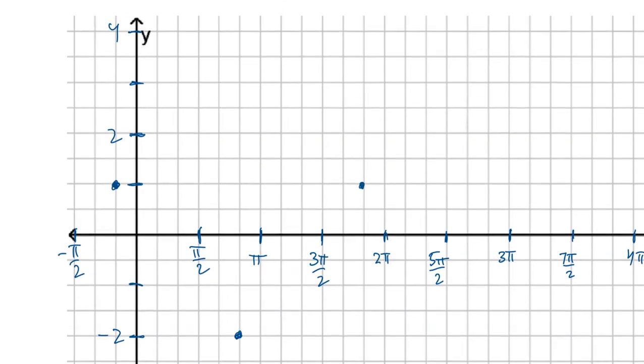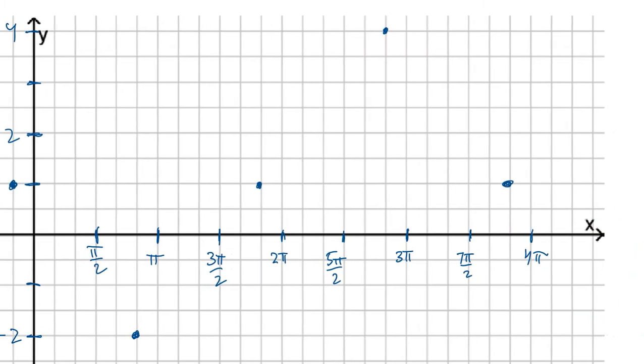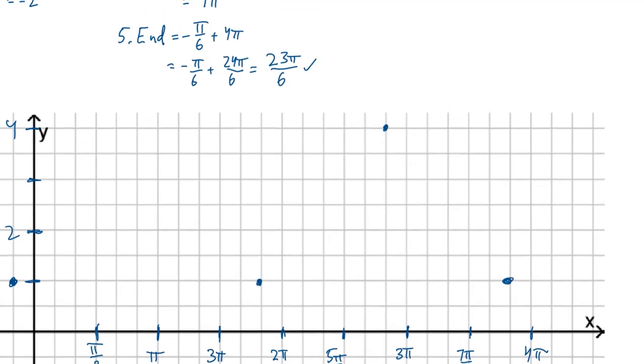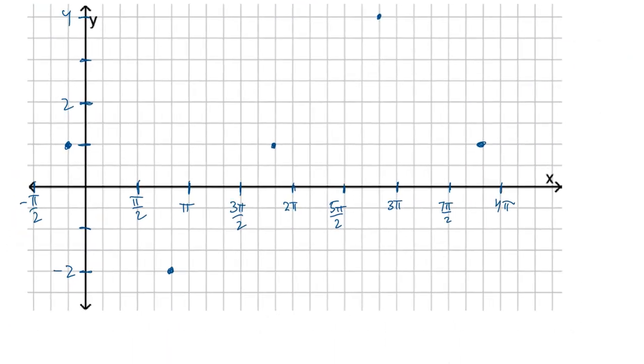To the max, which is 4. 1, 2, 3, 4, 5, 6. Back to the 0 line. 1, 2, 3, 4, 5, 6. That is indeed 23 pi by 6. It's 1 back from 24 pi by 6. So I'm in the right spot.